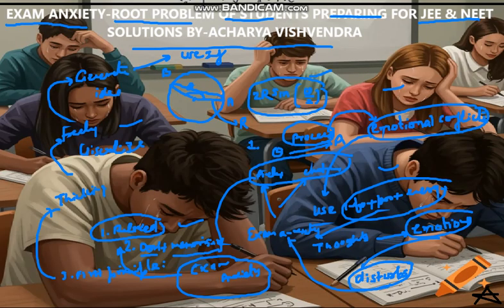Third is, use first principle. First principle means think freely, visualize freely, try to form a mental image or a video of this situation, then generate ideas, and after that use the information that you studied. So if you change your problem solving pattern, then certainly you will get rid of exam anxiety.